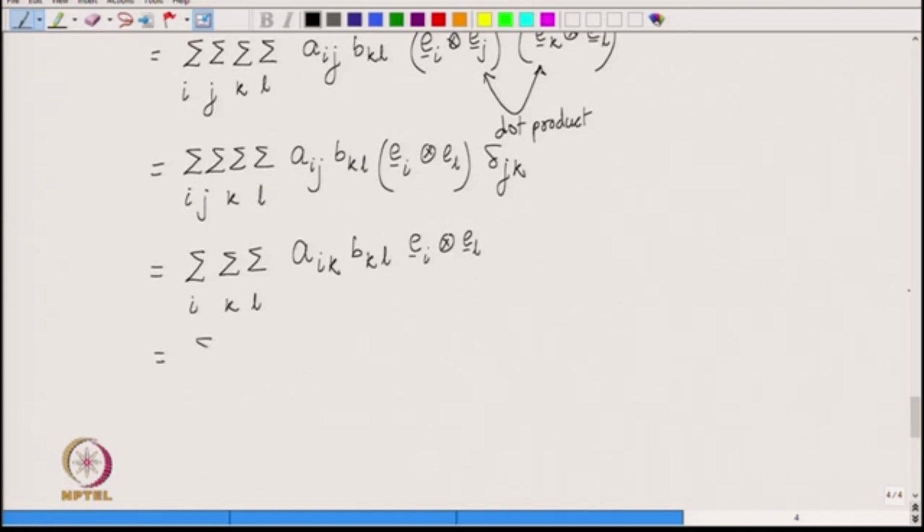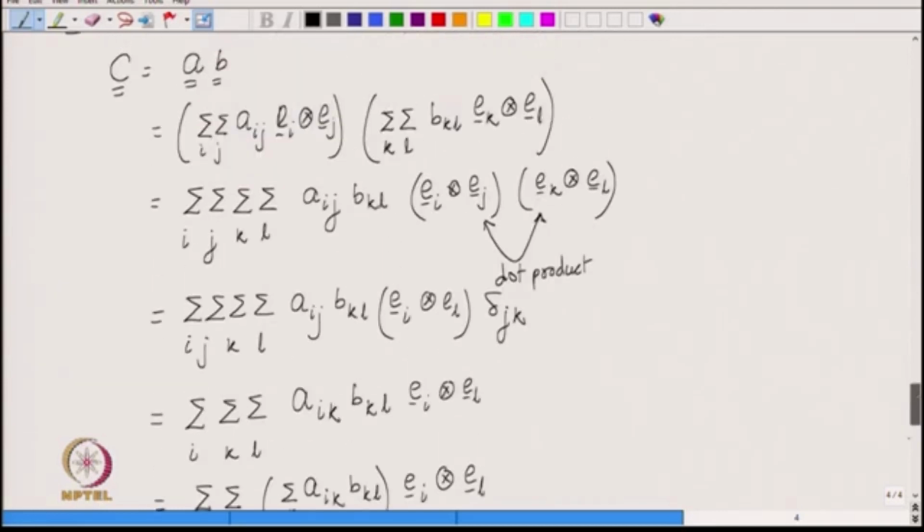And we can write the same thing as summation over i, l and then a summation over k of A_ik B_kl, E_i tensor product E_l. Okay.